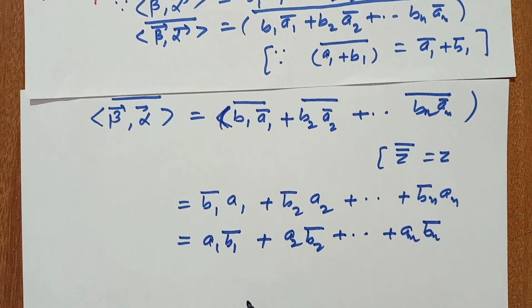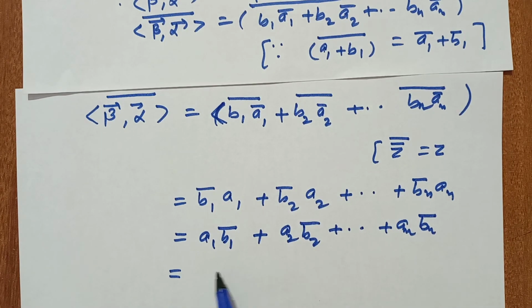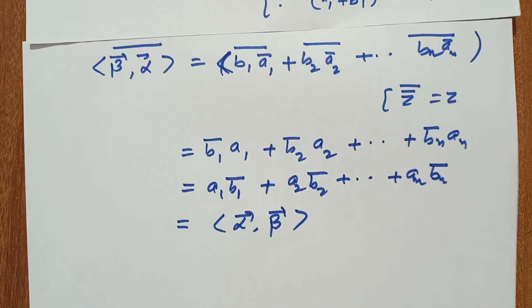So this equals inner product of alpha, beta, which means this is conjugate symmetry.